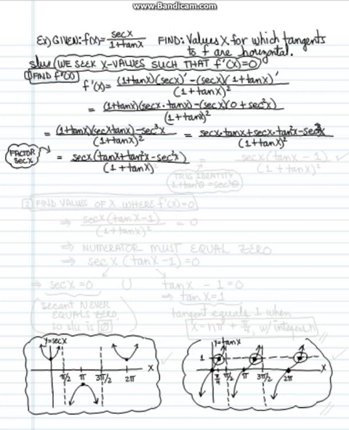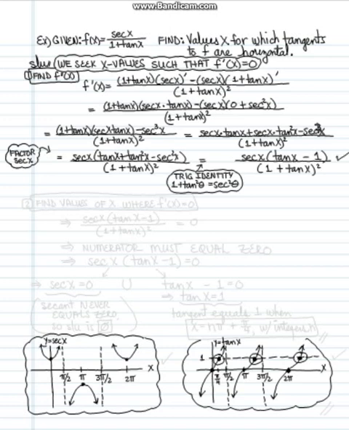Now at this point we'll just clean it up with a trig identity, the one that says 1 plus tan squared theta equals secant squared theta. By the way, the trig identities are located in the back of your calculus text. So that's equal to secant x times parenthesis tan x minus 1, over 1 plus tan x parenthesis squared. There you go. That is f prime of x.